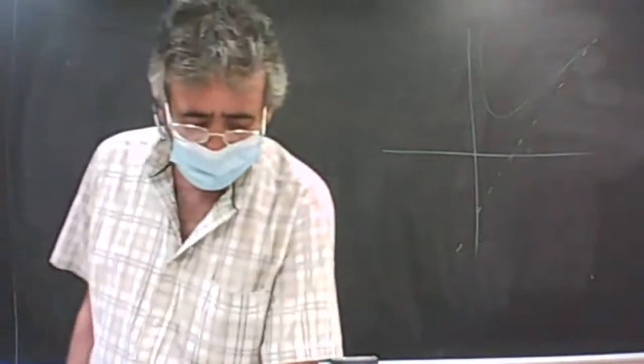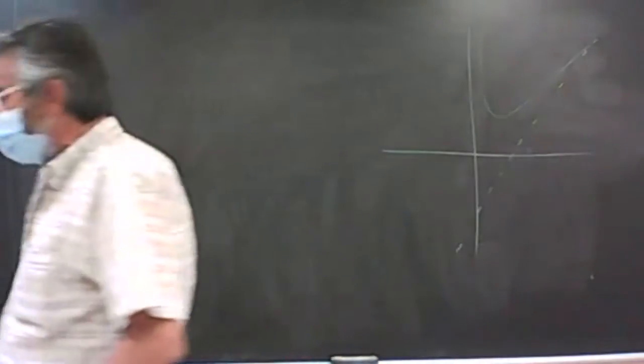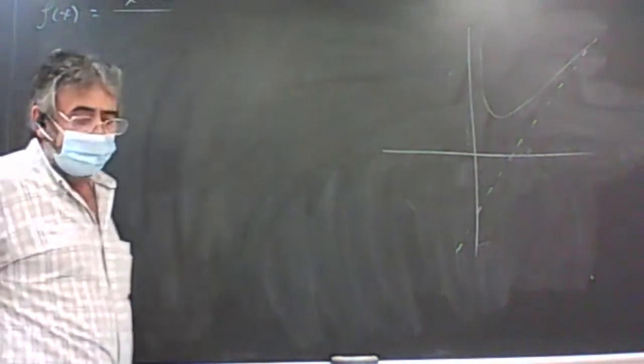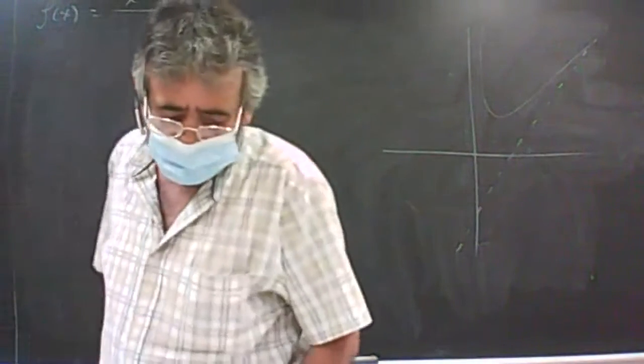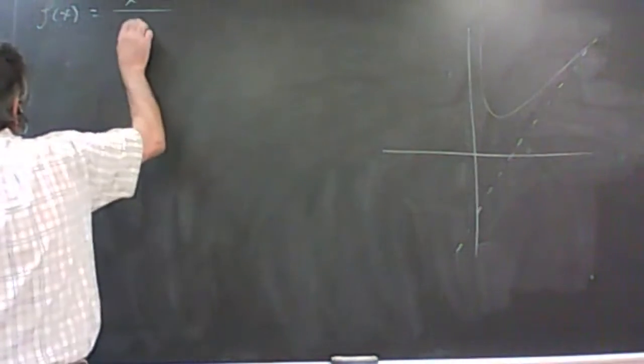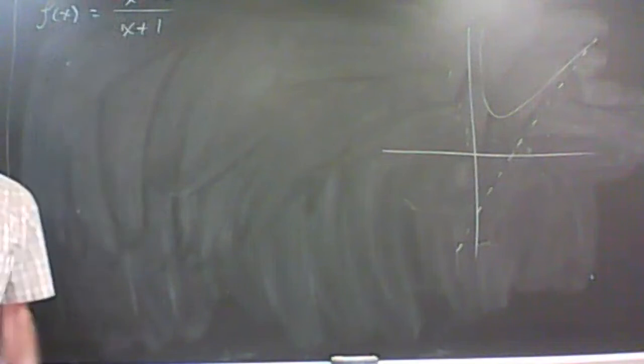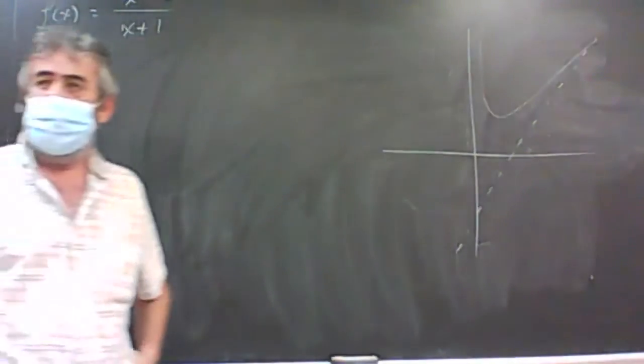Suppose, for instance, it says find the slant asymptote. We have f of x equal x squared minus x divided by x plus 1. Technically, in this case, we don't have a horizontal asymptote, right? But notice we have x squared here, we have x here. So the top is one more than the bottom.